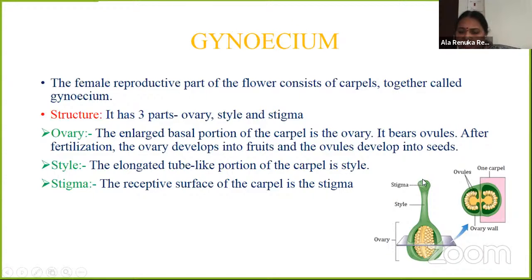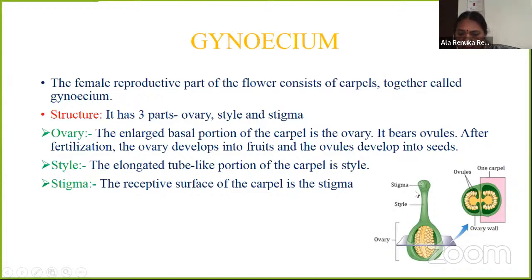Ovary, style, and stigma. The ovary is a swollen base which bears ovules inside. The style is a long tube. During pollination, the pollen grains fall on the stigma, and as soon as they fall on the stigma, they germinate and produce a pollen tube. The pollen tube runs all along the length of the style and reaches the ovary and the ovules inside the ovary, which bear the egg.